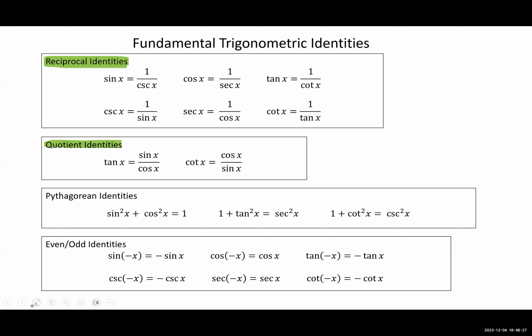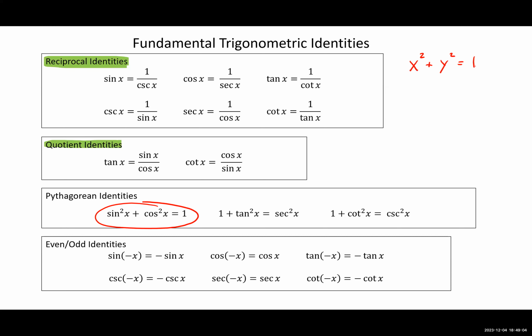Now, there are 3 of them here. We got sine squared plus cosine squared is equal to 1. Also, one step away from the definition, right? We first defined our trig functions on the unit circle. Unit circle is a circle of radius 1. Definition of a circle of radius 1 is the set of all solutions to the equation x squared plus y squared is equal to 1.